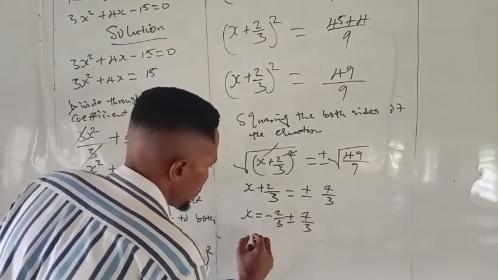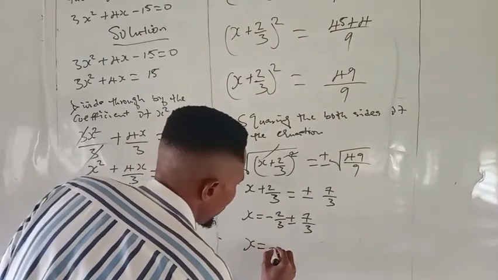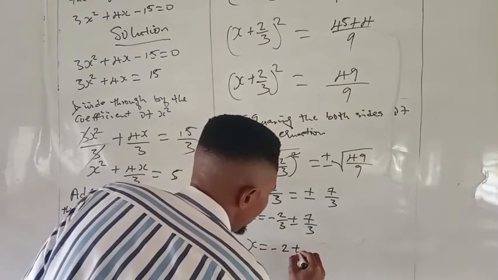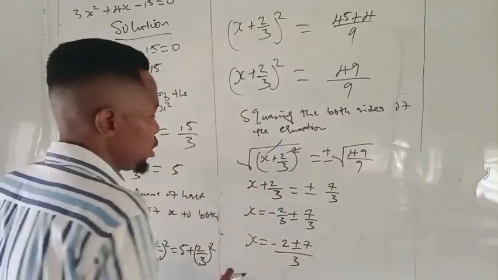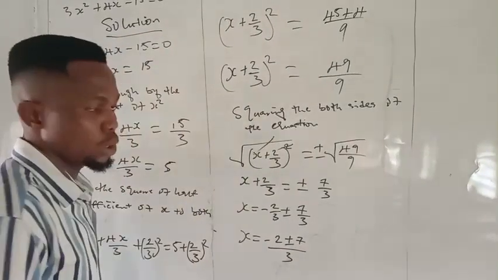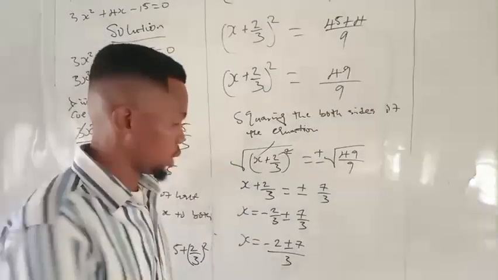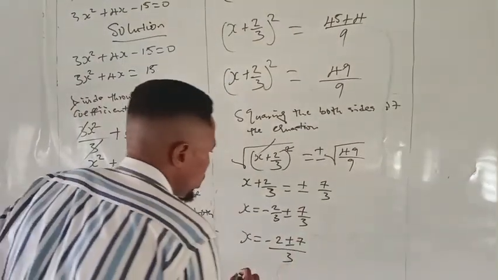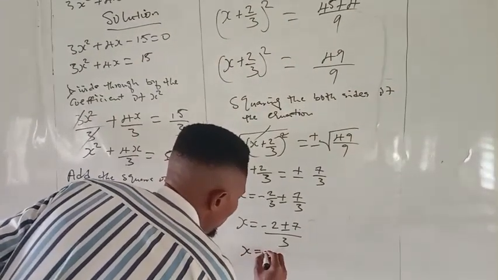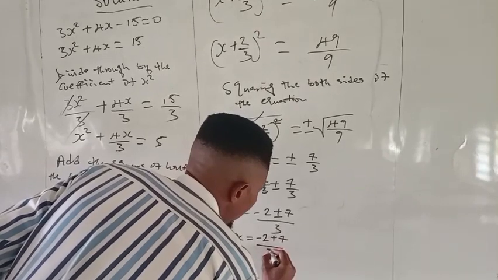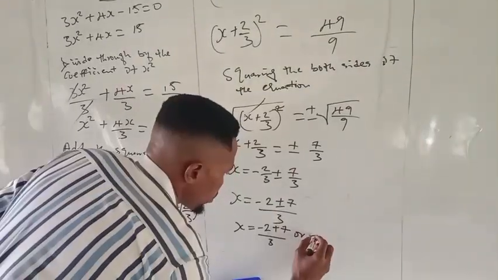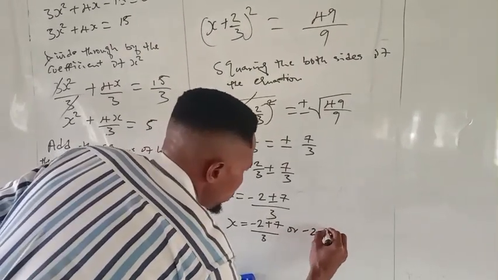So we have x equal to minus 2 plus minus 7 all over 3. And remember, a quadratic equation always has 2 answers. So we're going to split this now. So we have x equal to minus 2 plus 7 all over 3, or minus 2 minus 7 all over 3.